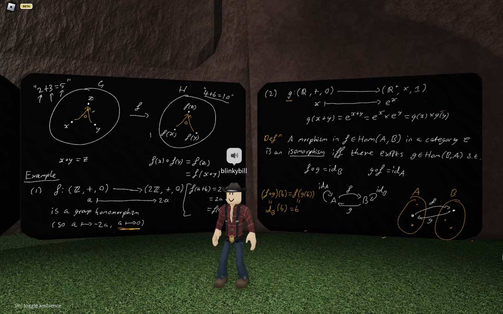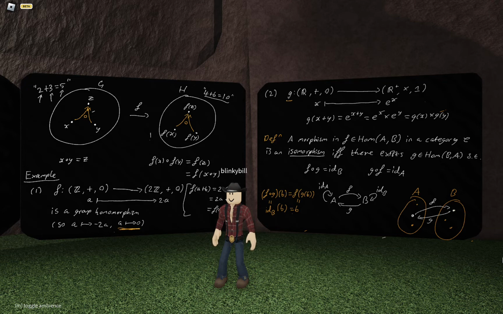It's important, coming back to structure preservation, that just having any two morphisms, one from A to B and one from B to A, suggests it's possible to preserve structure between these two objects in both directions.